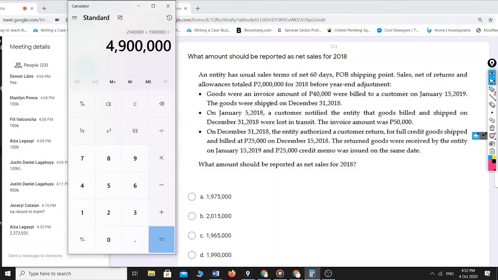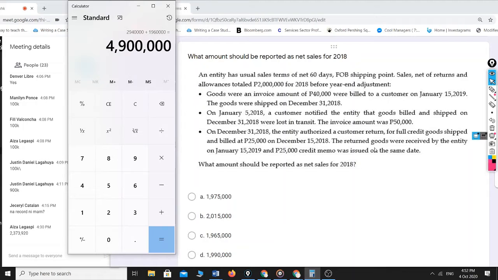Okay, next. Okay, net sales. Net sales is sales minus sales return minus sales discount. Okay? After reflecting the returns and discounts sa sales, and that is what we refer as net sales.